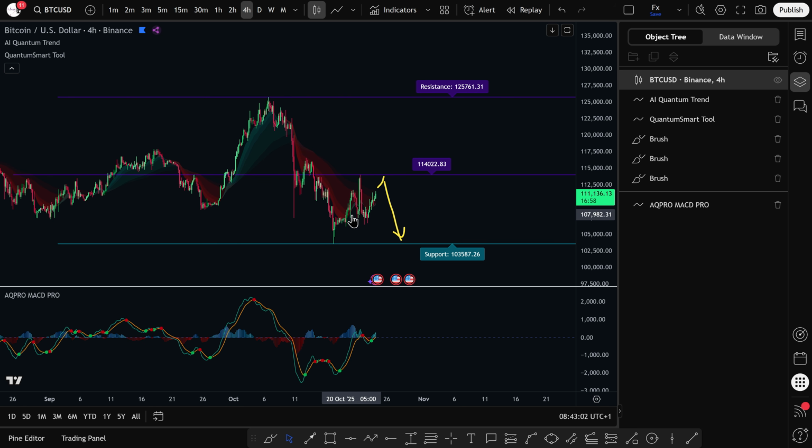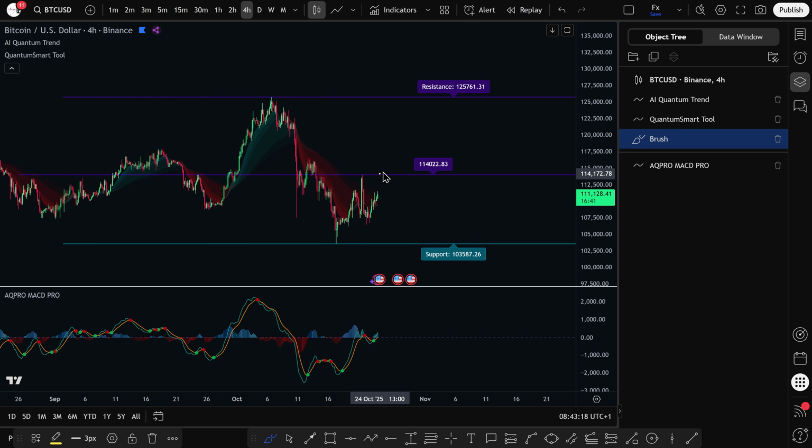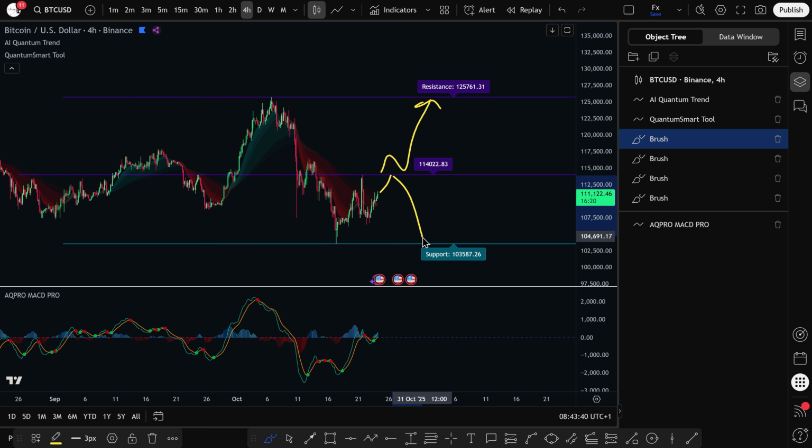Our trade plan is very simple. First, wait for price to break above this 114,000 resistance level, retest it, and then continue upward toward the next resistance area. The second trade idea is to wait for Bitcoin to touch the resistance level again, reject it, and then continue downward to take more liquidity around the 103,000 support level.